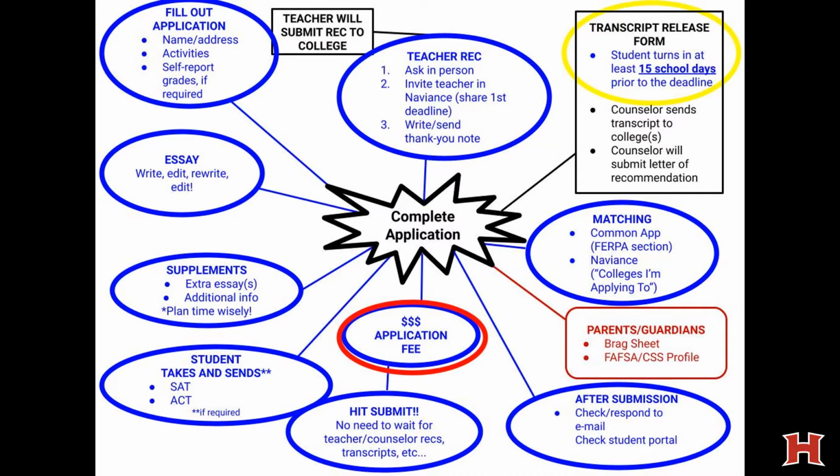Anything circled in blue on this slide is a student responsibility. Anything outlined in red is a parent-guardian responsibility. And anything inside a black rectangle is a Holliston High School responsibility. A complete application involves student, teacher, counselor, and parent or guardian.